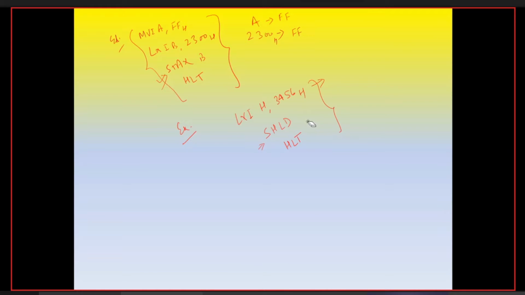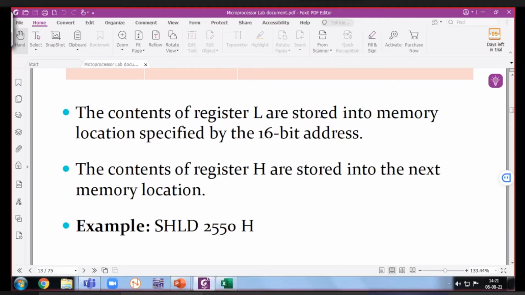According to that instruction, this is you can say 3000. This is direct one. SHLD 3000. In the example, it is there SHLD 3000H. The content of register L are copied into memory location specified by the 16-bit address.